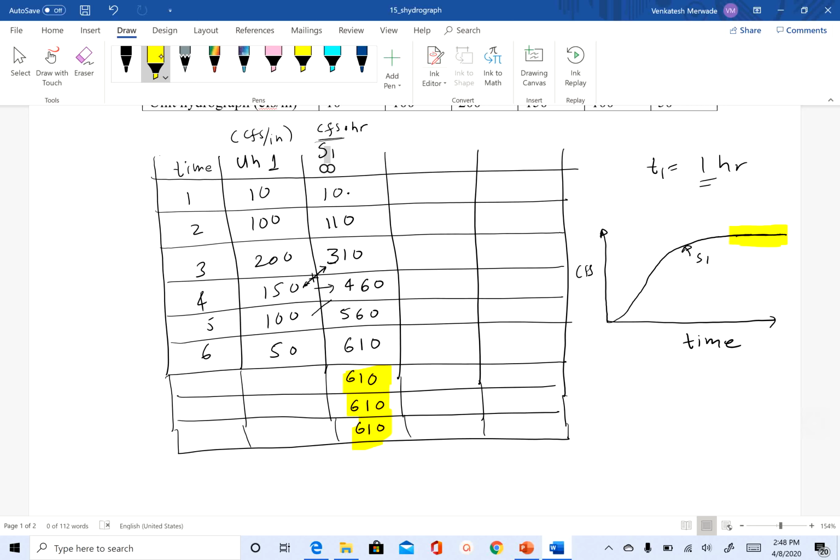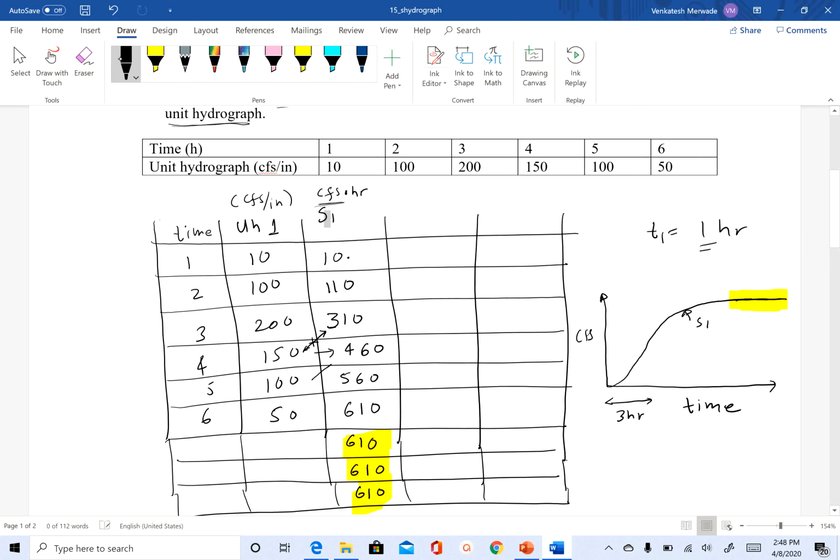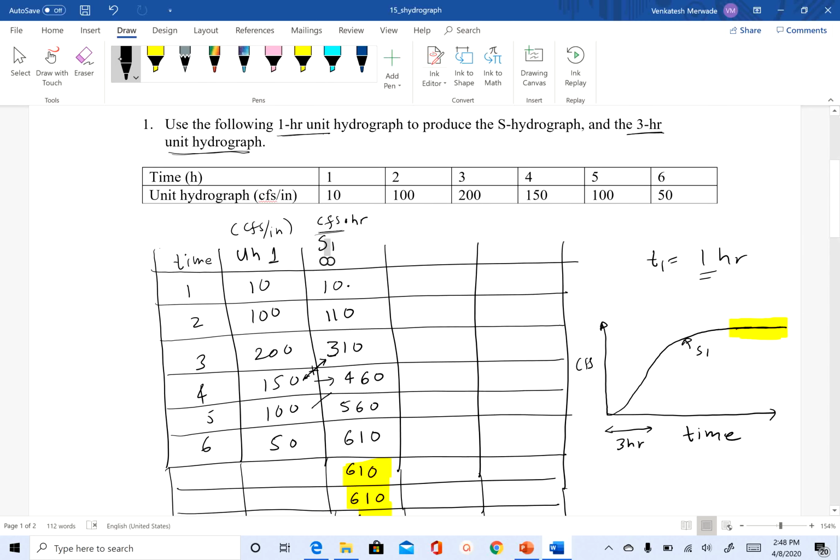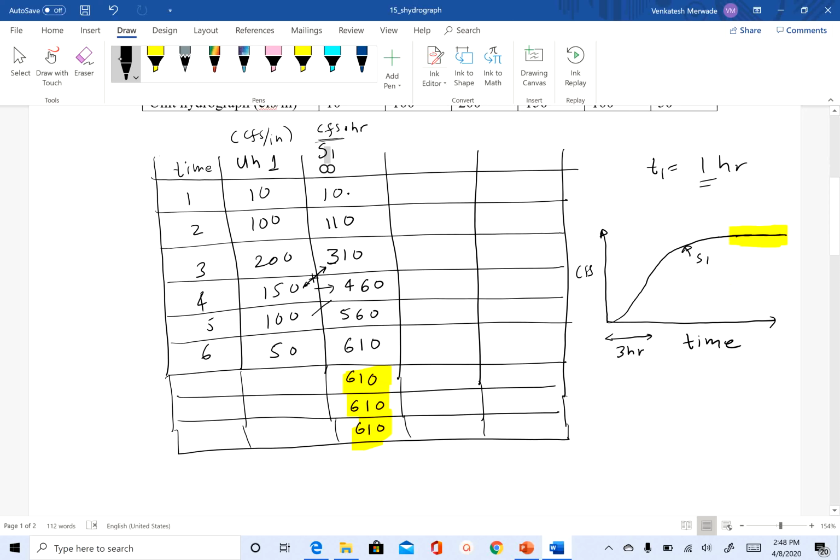Our next step is to delay this S1 by the new time duration. The new time duration is 3 hours. That's what the problem says: derive the unit hydrograph for 3-hour duration. So S2, again in CFS hour, we get by simply delaying S1 by 3 hours.